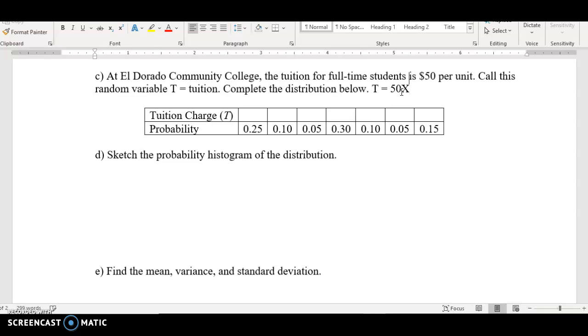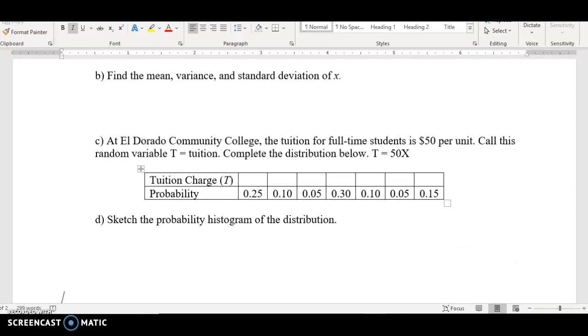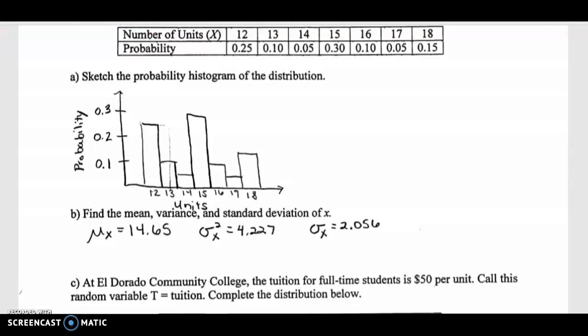The original number of units was 12. I'm going to multiply that by 50 to get the cost for that student with 12 credits. So 12 times 50 is 600. That's the new value in my table at the bottom here. And then so on. 13 credits would be 13 times 50.